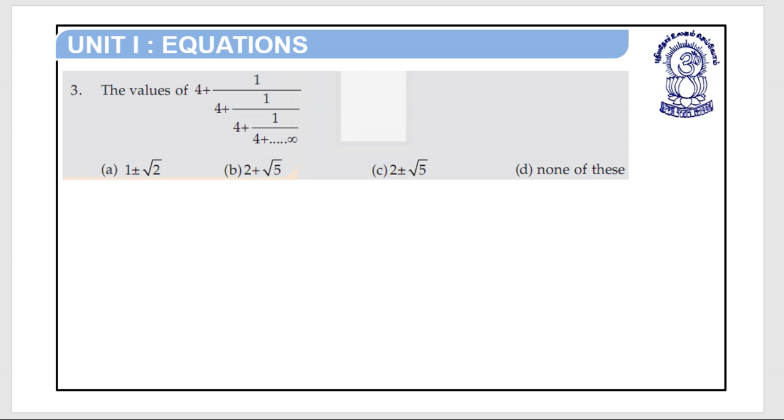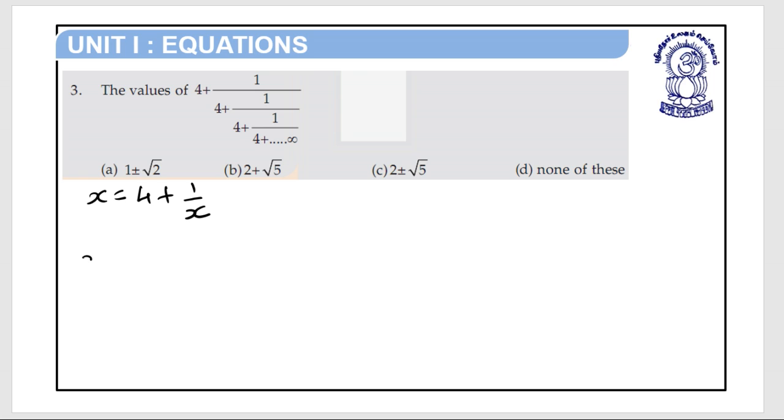The value of 4 plus 1 upon 4 plus 1 upon 4 plus up to infinity. So consider x is equal to 4 plus 1 upon x.